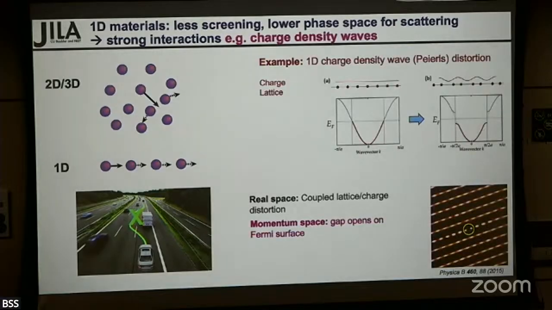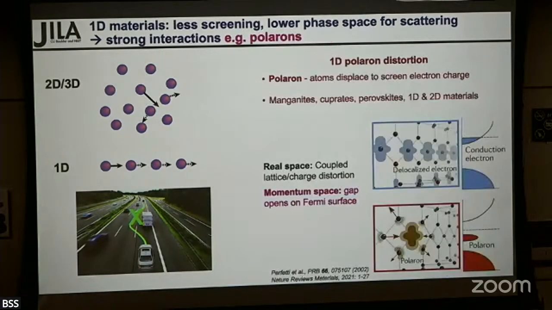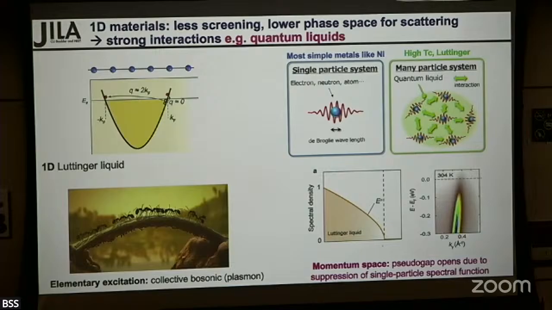And in 1D materials, you could have interactions based on Peierls distortions or polarons, which are a real space distortion coupled with a charge distortion, or a quantum liquid based on a Luttinger liquid. So all of those types of ground state orders would be allowed. And in the quantum liquid, there's just very strong electron interaction.